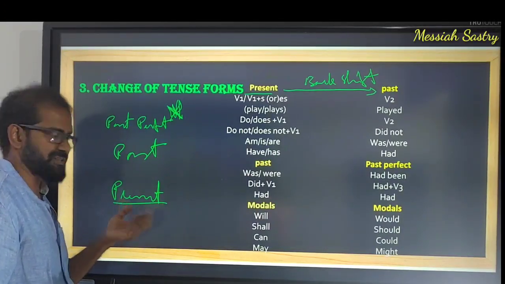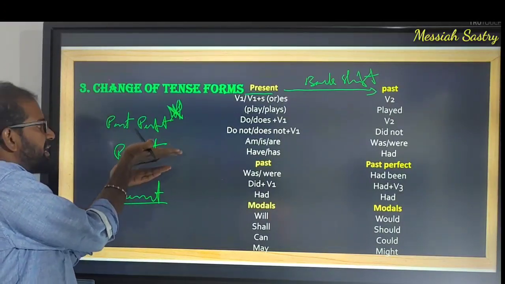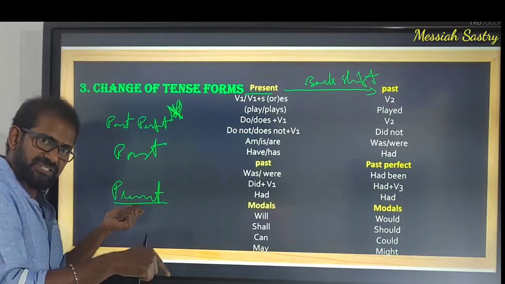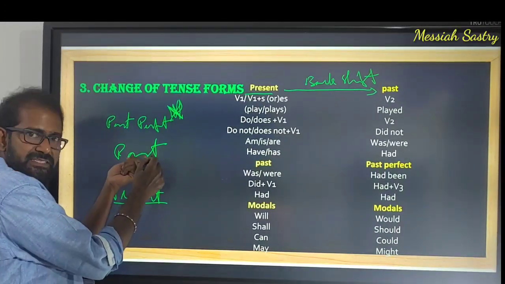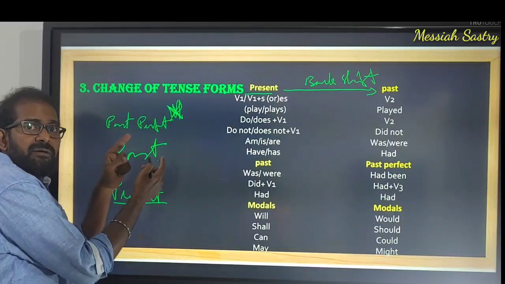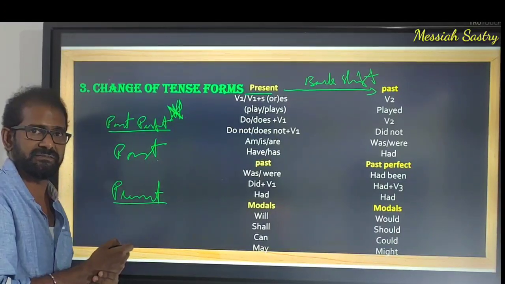These are present actions, past actions. Present actions are going on. Past actions are completed. Actions completed earlier than the past are called past perfect.